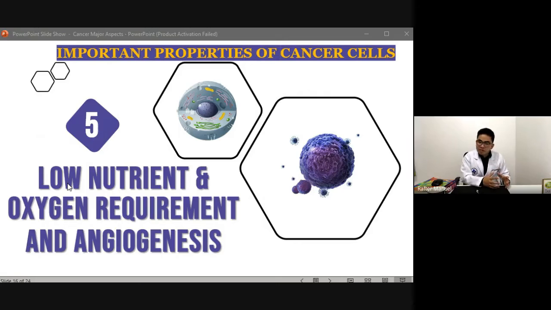In a normal cell, for them to live longer and grow, they need to receive proper and sufficient nutrients. But with cancer cells, let me tell you, they are hackers. Why? Because they modify themselves. As they grow bigger and bigger, they modify themselves so they won't require many nutrient sources. They will just adjust to fewer amounts of nutrients.